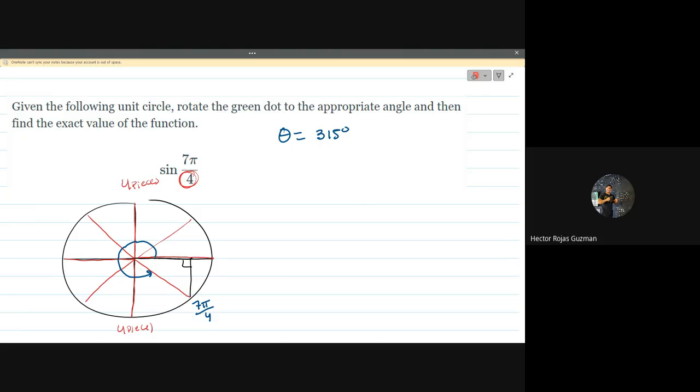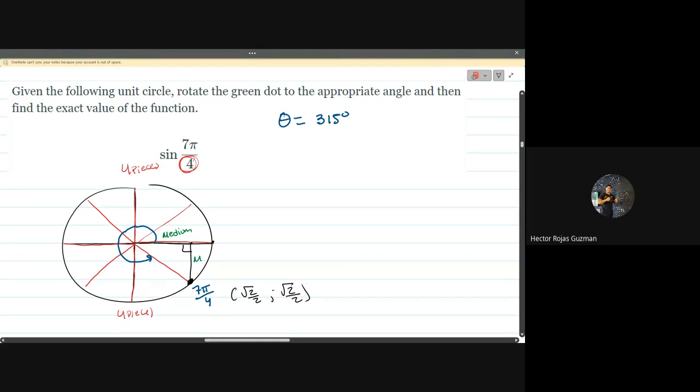But I'll tell you right now, this is a medium-sized leg, and this is also a medium-sized leg. So for the coordinate, we have to use the medium fraction and the medium fraction. Positive for the x, negative for the y.